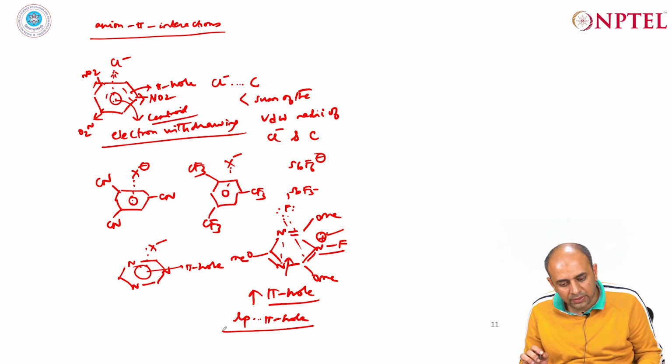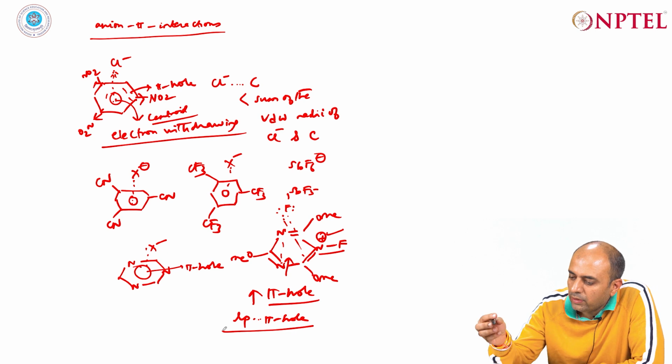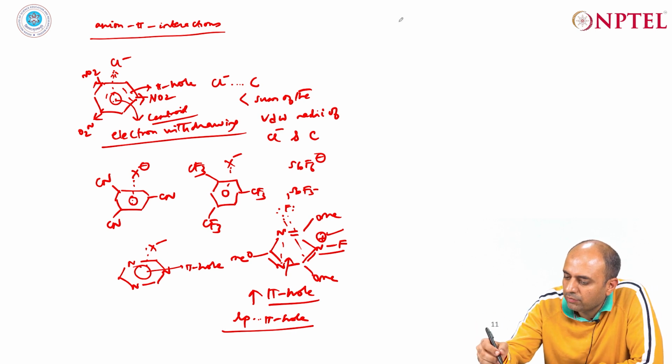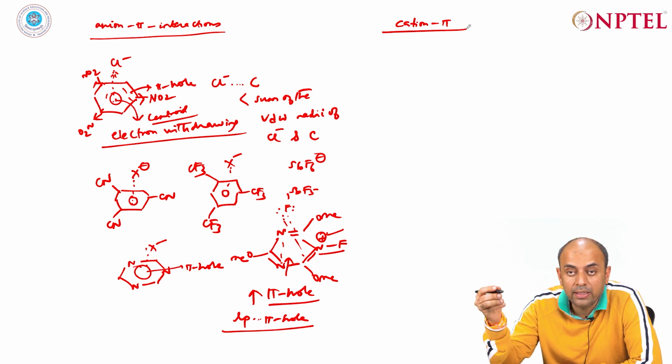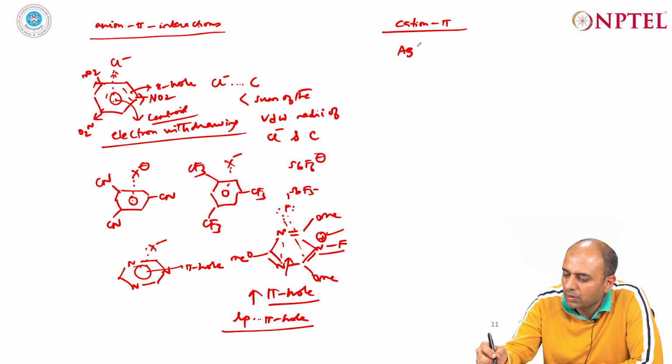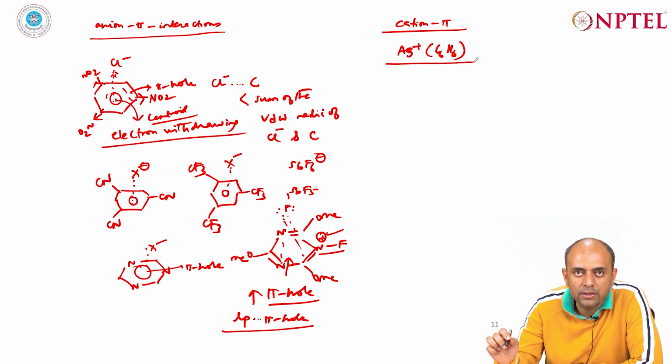So, this brings us to the end of the discussion on anion pi. Now, we would like to focus on the next set of interactions, which are cation pi in nature. So, in case of cation pi interactions, a very classical example is benzene complex with C6H6.